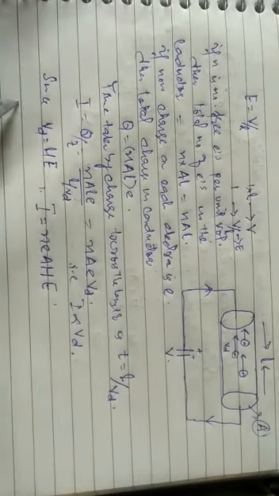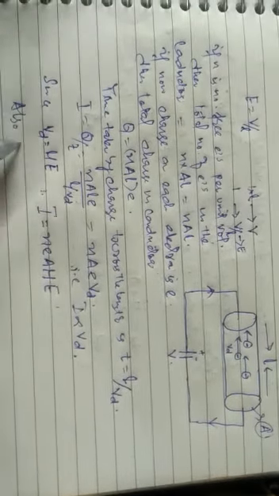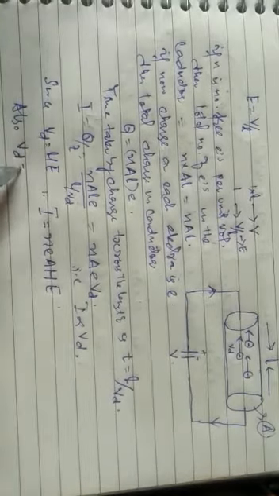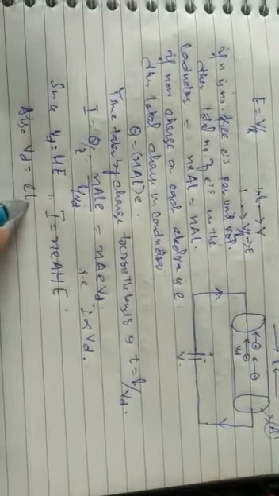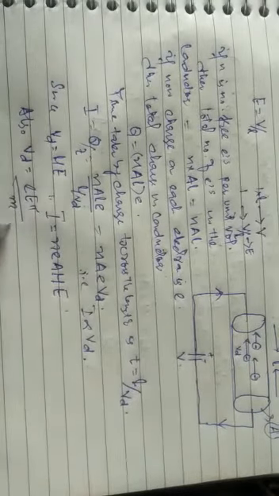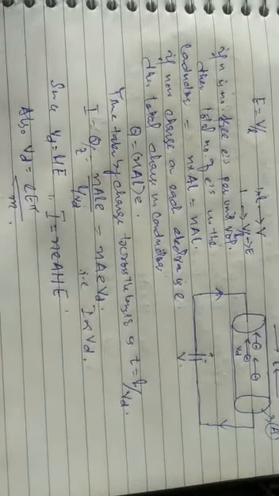Also the drift velocity Vd is equal to e tau E by m.